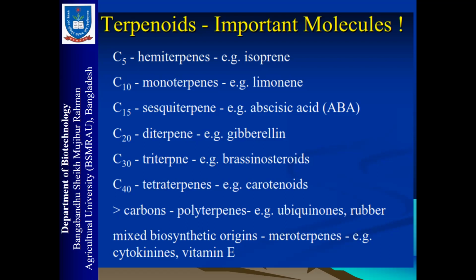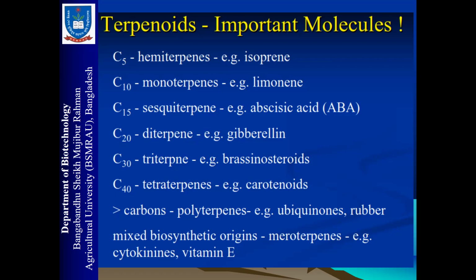Tetraterpenes, carotenoids; in the carrot, carotenoids are important as a source of vitamin A for us. For example, beta carotene. Polyterpenes, for example, rubber, or ubiquinones.